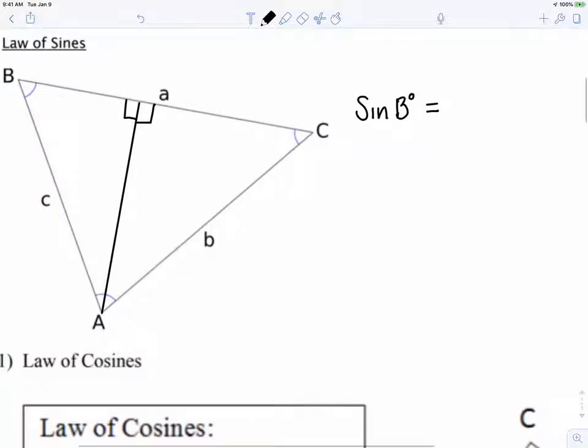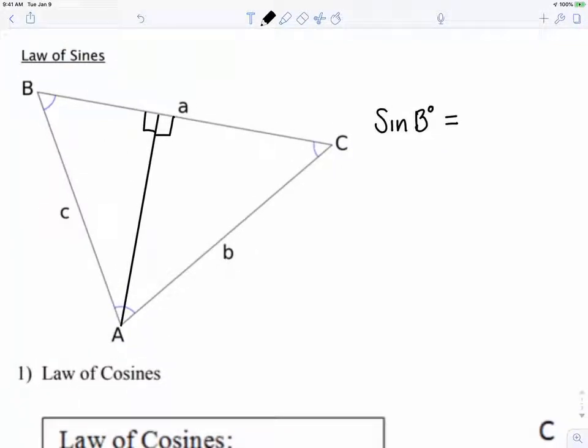Oh, there's nothing there. That's why you can't tell me. Let's put a little d on that altitude. Sorry about that. Okay, so opposite from angle B is what leg? Little d. And what's the hypotenuse in that triangle? c. Good. So opposite was d, and then the hypotenuse right there is c.